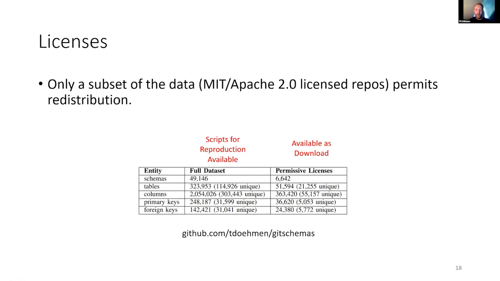It might be possible, but we're not sure. The schemas which were extracted from permissively licensed SQL files are available as a direct download on GitHub. The others have to be reproduced with the script.